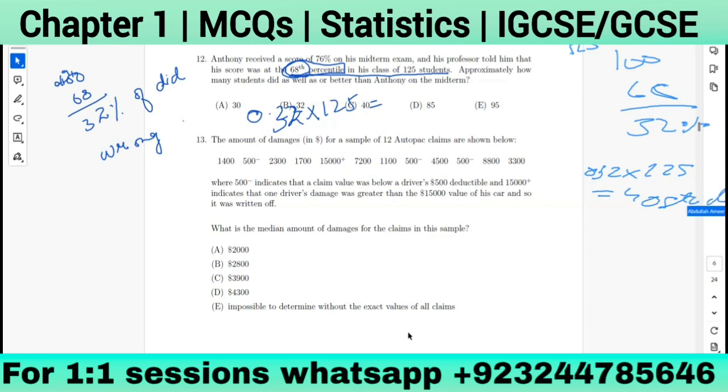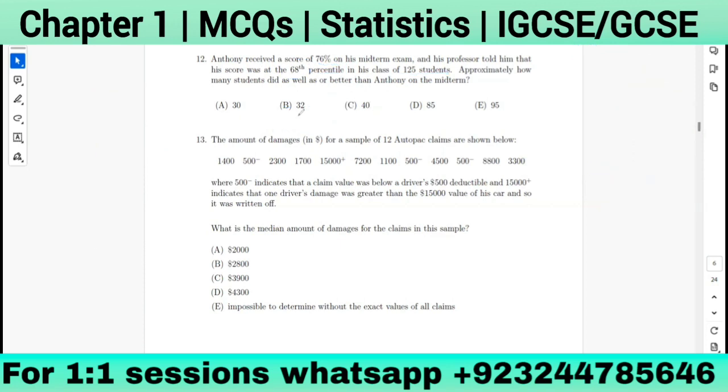A bit of discussion, a bit creative, but not that tough. We just need to know that the 68th percentile is the most important point in this question. If the 68th percentile means that 32% of the students scored as well or better, we can easily do the question.